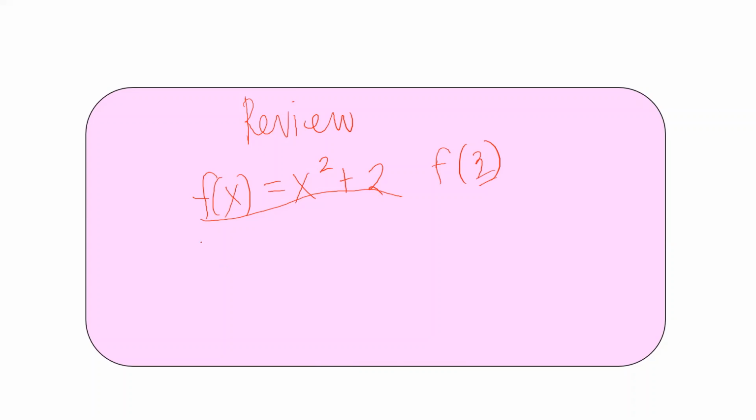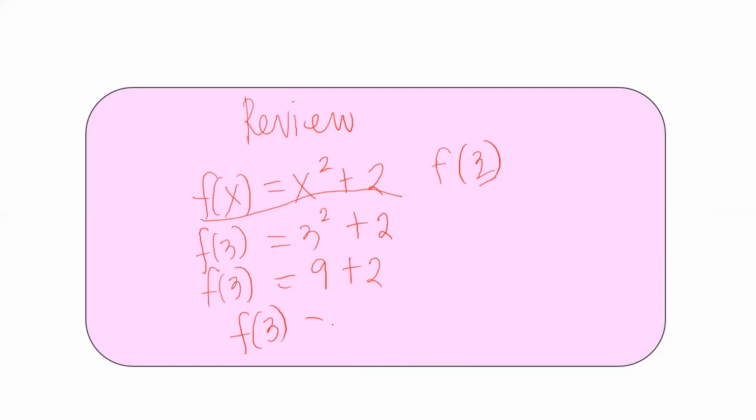So for instance, f of 3 is equal to 3 squared plus 2. Then perform the operation. 3 squared means 3 times 3, so that would give us 9. Bring down plus 2. So the final answer is f of 3 is equal to 9 plus 2, that is 11.